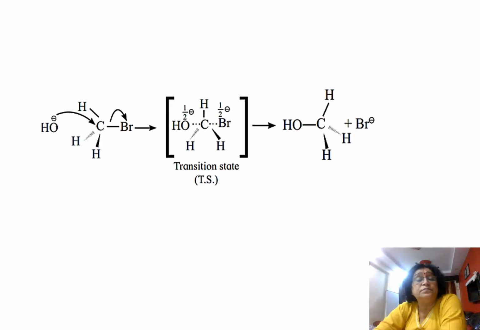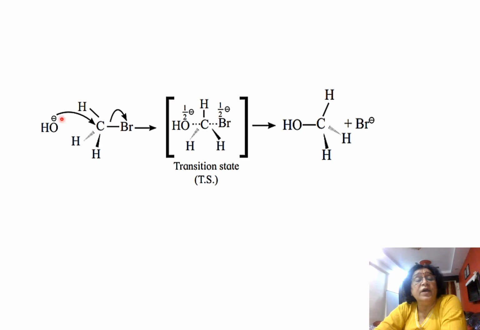Okay, let's see now. Here this is methyl bromide. You see this is the carbon to which 3 hydrogens are attached. See, this hydrogen is in the plane and bromine is in the plane. This H is below the plane and this H which is shown with the wedge line is above the plane. This is towards you, this is inside.